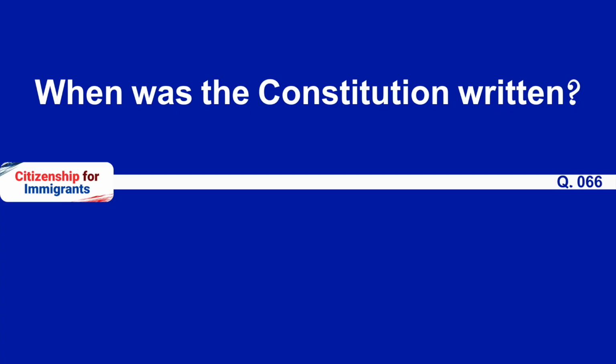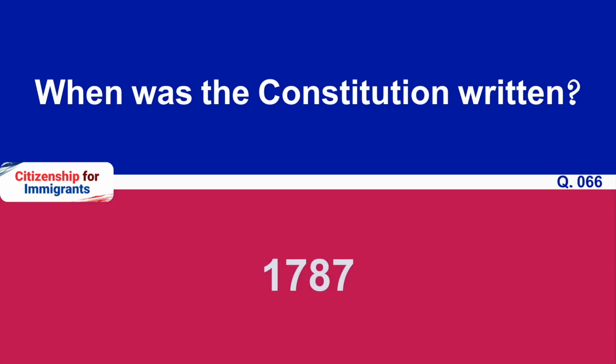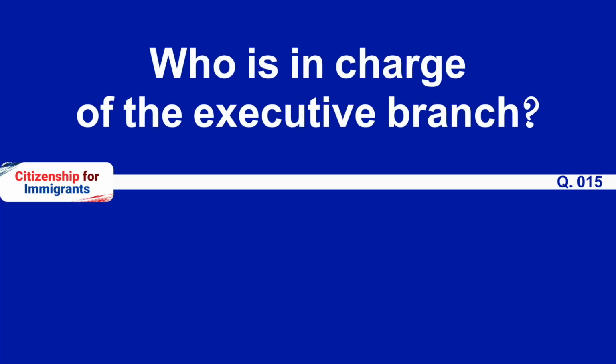When was the Constitution written? 1787. Who is in charge of the executive branch?